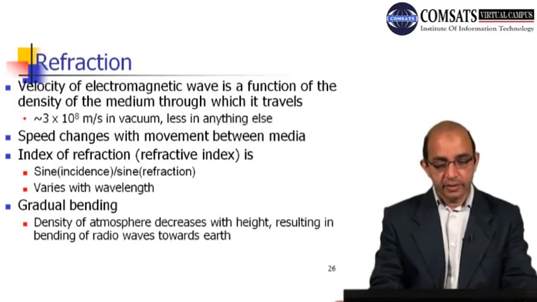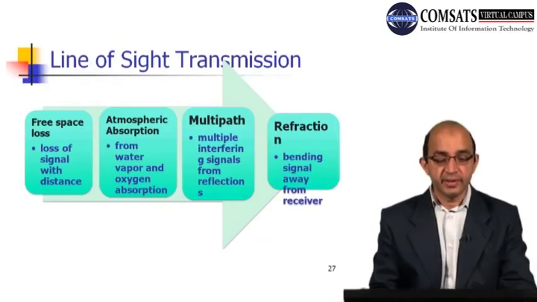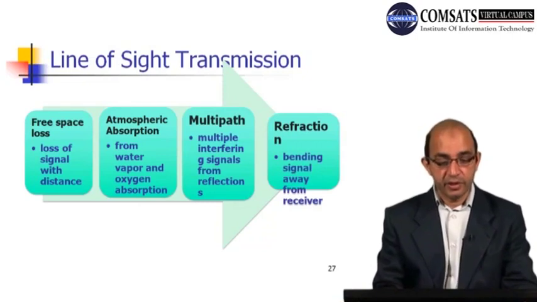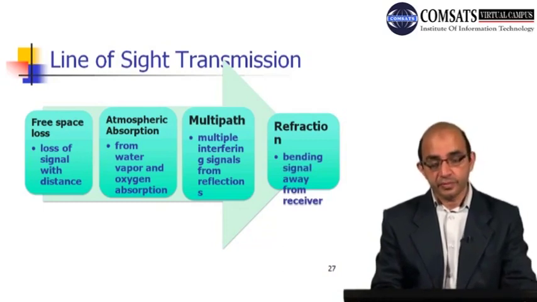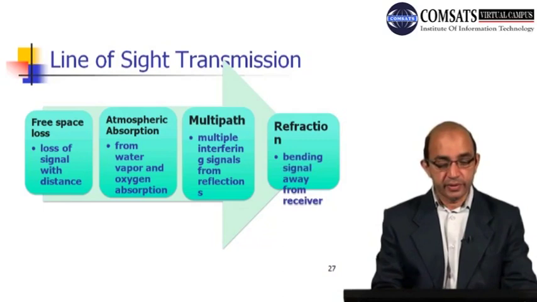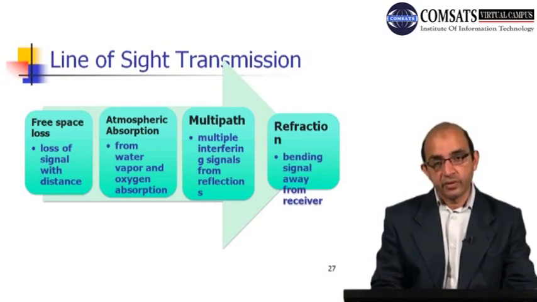towards earth occurs, right? So here we will discuss some of the impairments when we talk about wireless line of sight communication. We can come across free space loss as the signal travels distance. This can be the case when we are transmitting a signal from a satellite over to the earth.